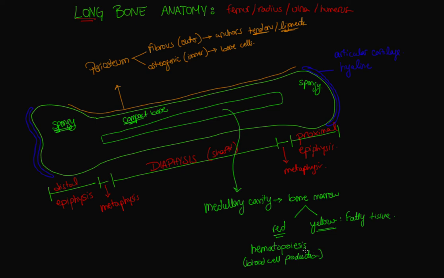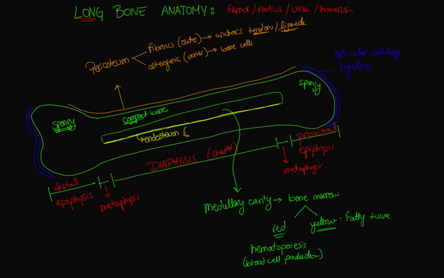And then we have a few more structures that we'll talk about. Lining this medullary cavity, which is the space inside the diaphysis, very similar to the periosteum that lines the outside of the bone, we have another layer that we call the endosteum.